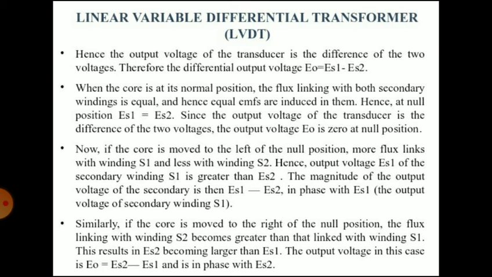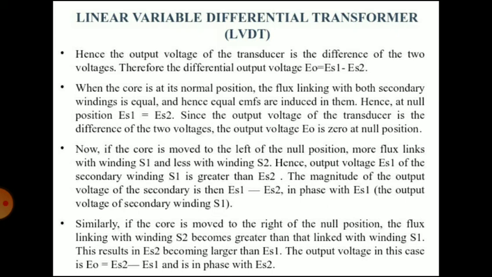Now, if the core is moved to the left of the null position, more flux links with the winding S1 than S2. Accordingly, output voltage ES1 of secondary coil S1 is greater than ES2 of secondary coil S2. Therefore, E0 equals ES1 minus ES2, that is in phase.